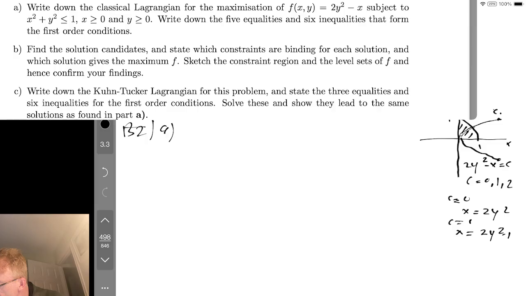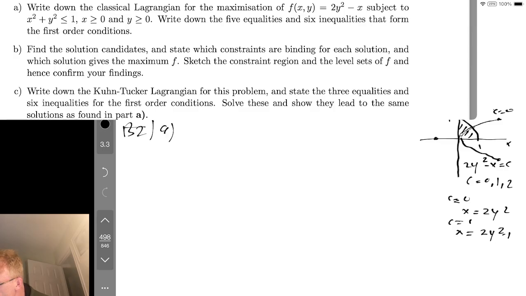Let's see, C is 1. C is 1 gives us x is minus 1. So y is 0. Wait a minute. Y is 0, x is minus 1.